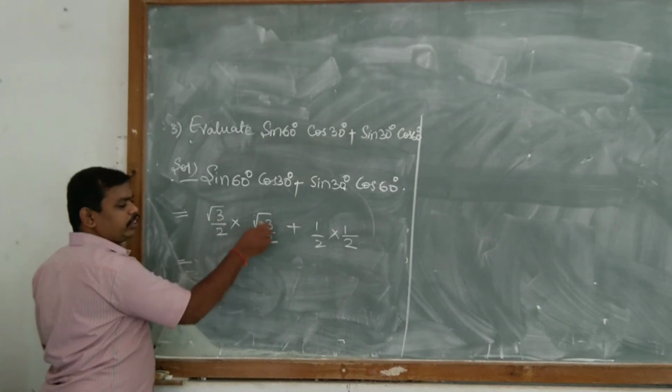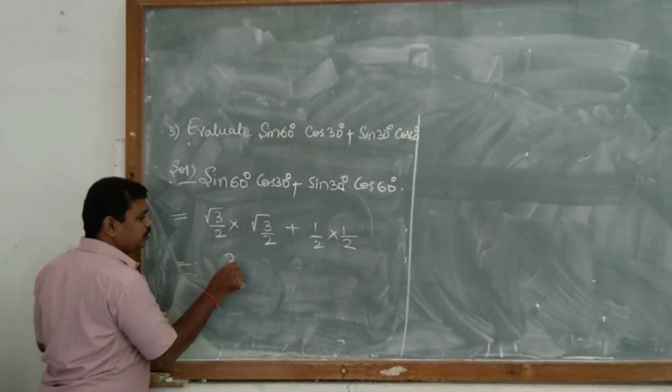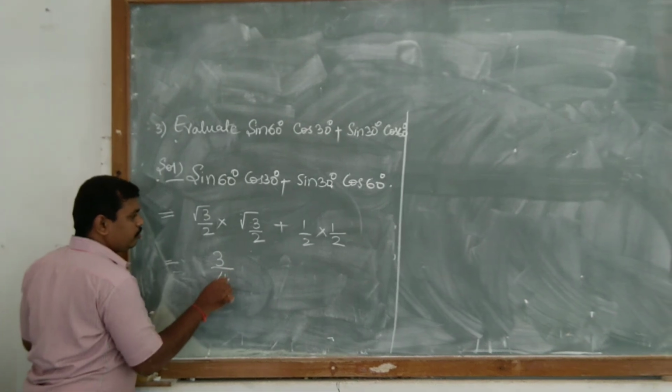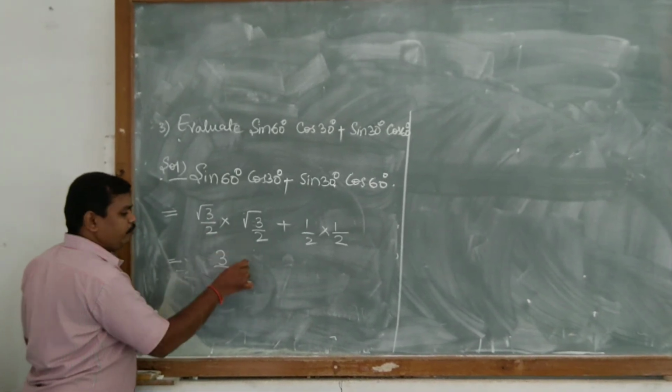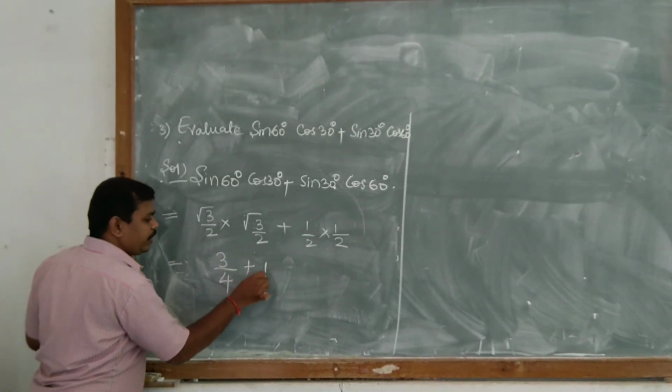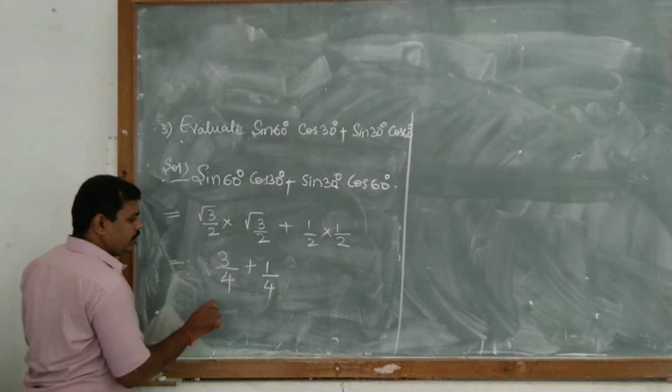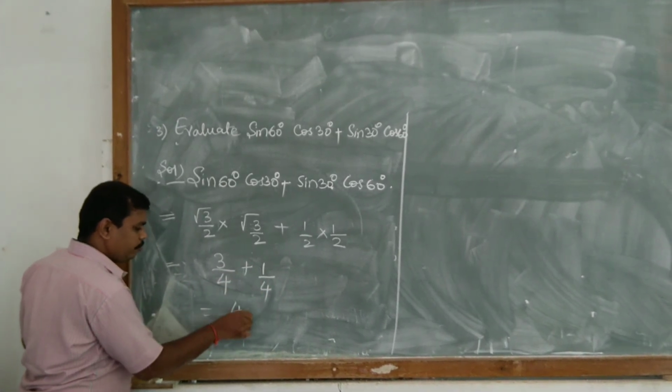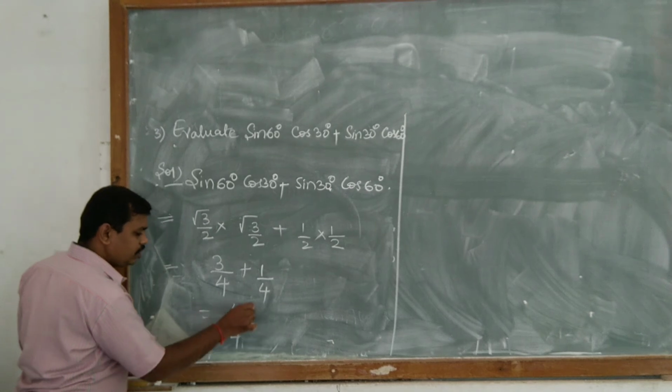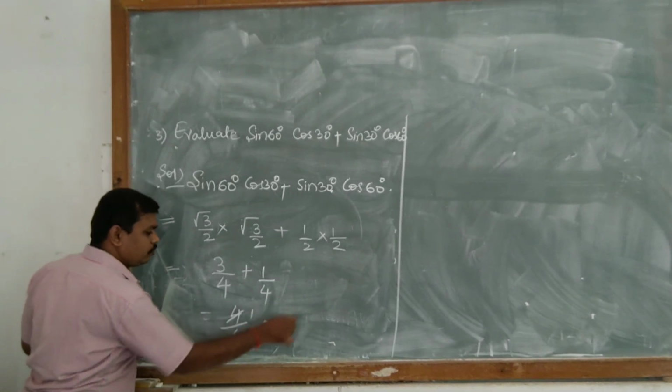Root 3 by 2 into root 3 by 2 is nothing but 3 by 4. Why? Because root A into root A is A. Plus 1 by 2 into 1 by 2 is 1 by 4. 3 plus 1 is 4 by 4. That is equal to 1.